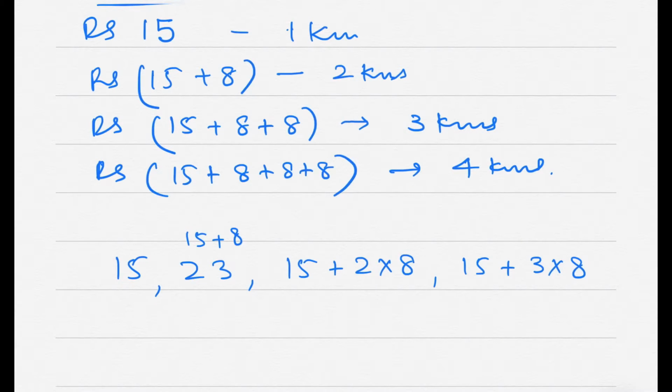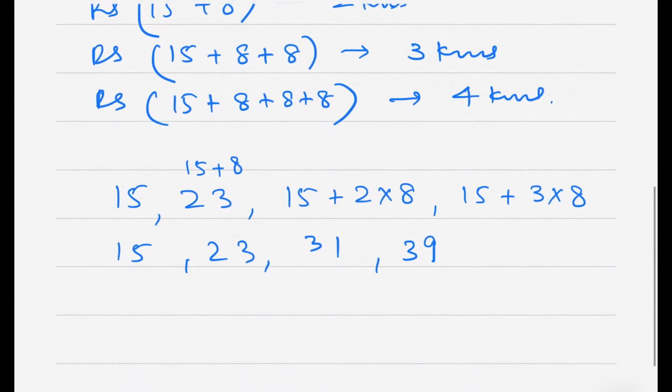So this is increasing. If I write down 15, then 23, then 16 and 15 is 31, and this will be 15 plus 24, so 39. So my common difference is 8. I can see that each subsequent term is increasing by 8.